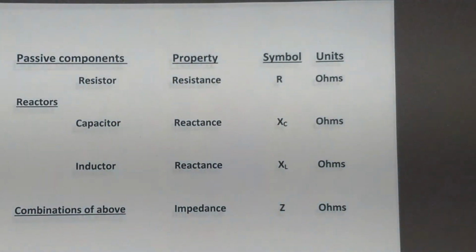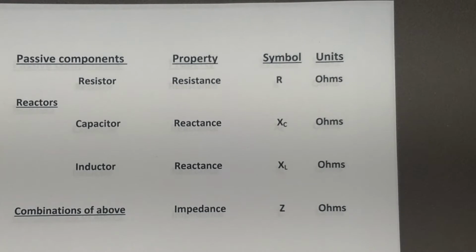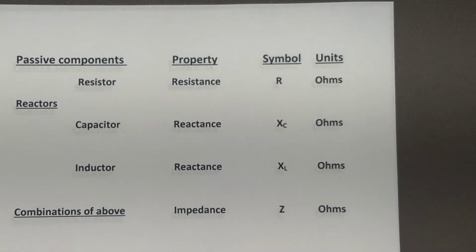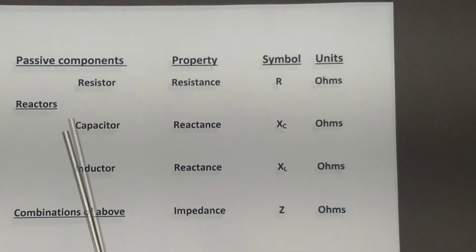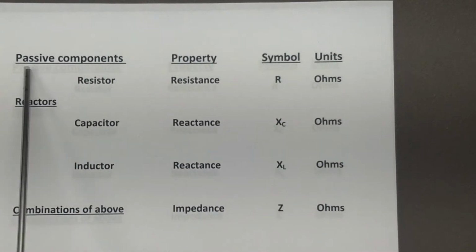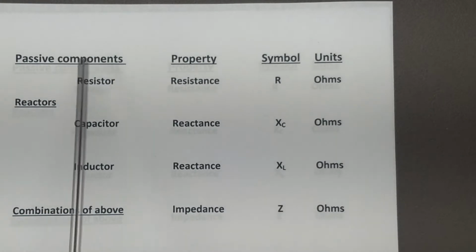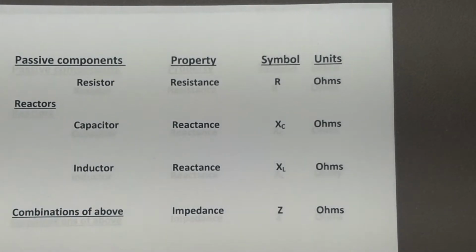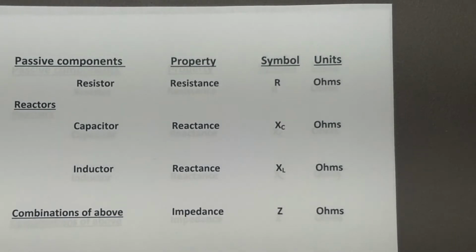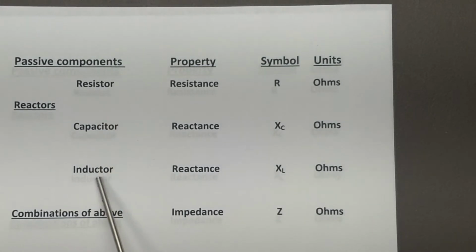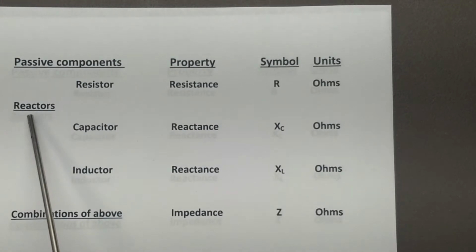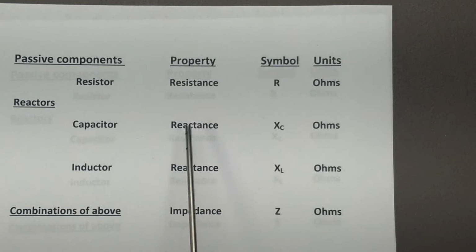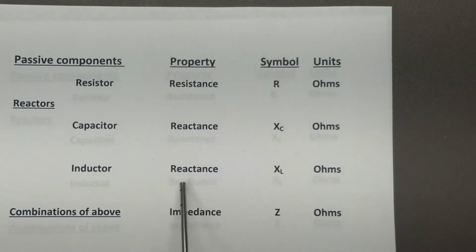Let's talk about the terminology used in this field. Resistors, capacitors, and inductors are classified as passive components. That is, they don't amplify or do switching functions. The capacitor and inductor are called reactors, and their property is reactance.